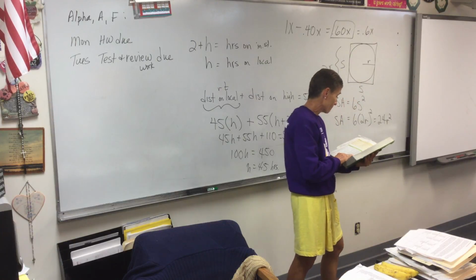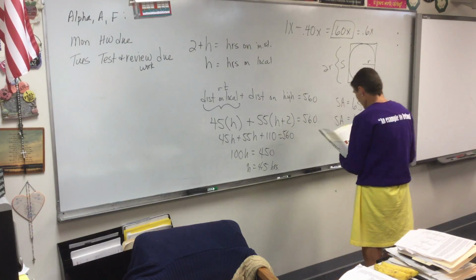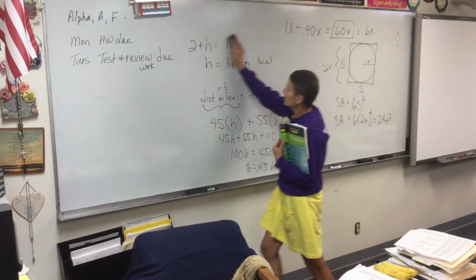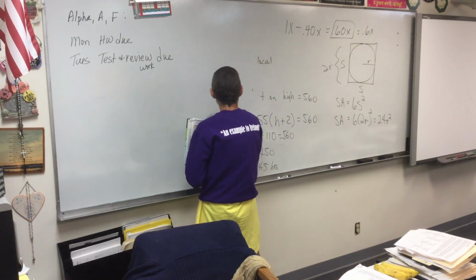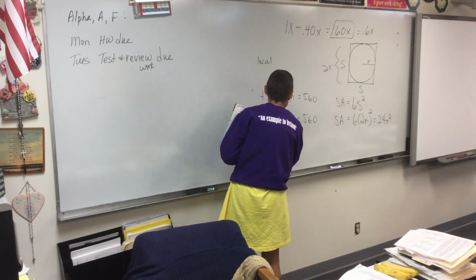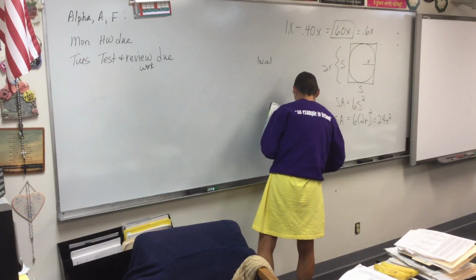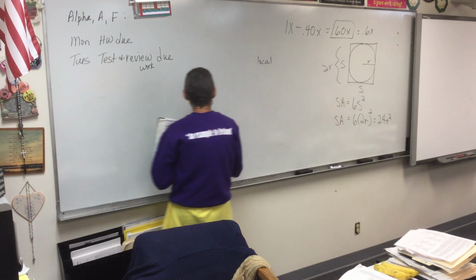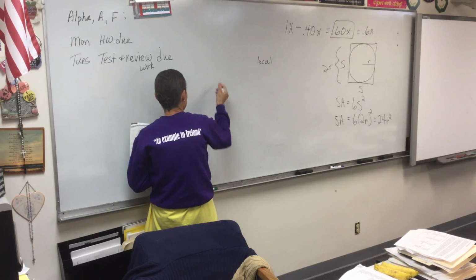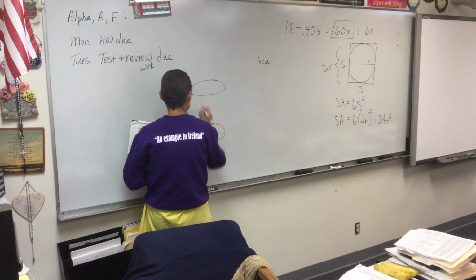15. Absolutely. The height of a right circular cylinder. This is 15. The height of a right circular cylinder. So I'm going to draw that. Here's my right circular cylinder.